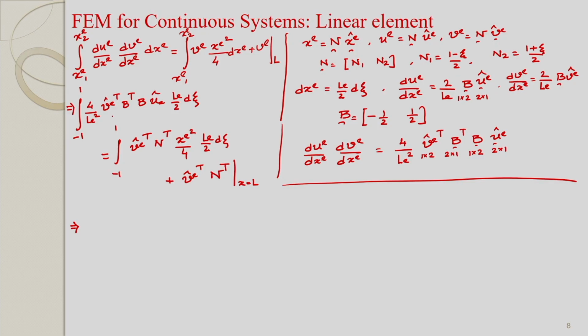So, here we can take 2 by LE VE transpose B transpose B UE hat, all we can take outside the integration because they are not function of xi, and then this integration of d xi gives us 2, from -1 to 1.